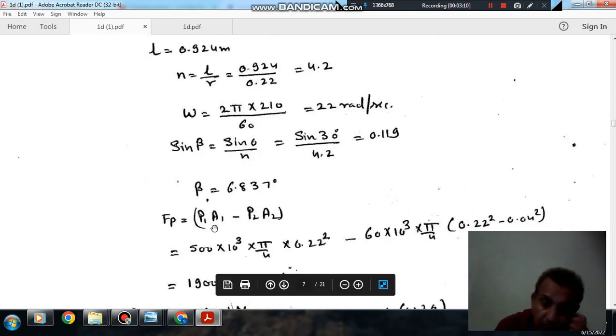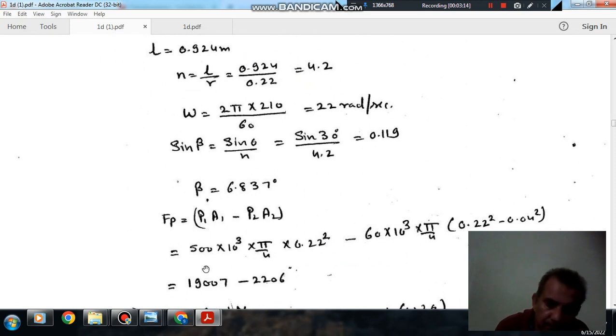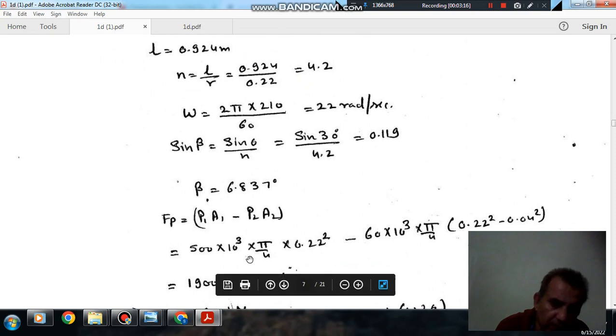Okay. Now suppose F is the force due to gas pressure, and as there is pressure on both sides of the piston, the pressure force of the gas is 500 into 10 raised to 3 into pi by 4 into 0.22 square on one side, and on the other side we will not take the area of the piston rod, so we take the area of the piston minus the piston rod.